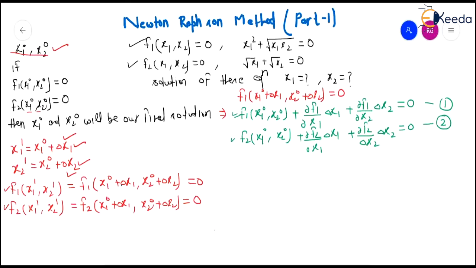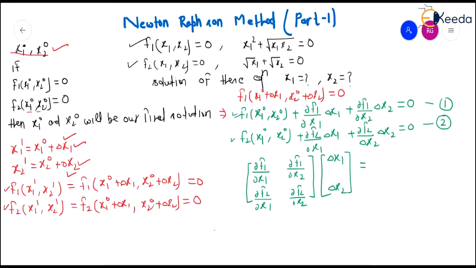The matrix will be ∂f1/∂x1, ∂f1/∂x2, ∂f2/∂x1, ∂f2/∂x2, multiplied by Δx1, Δx2, is equal to minus of f1(x1⁰, x2⁰) and f2(x1⁰, x2⁰).